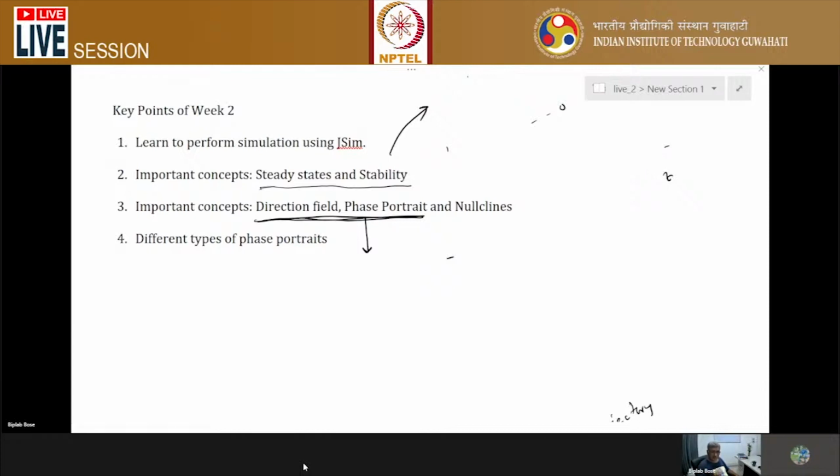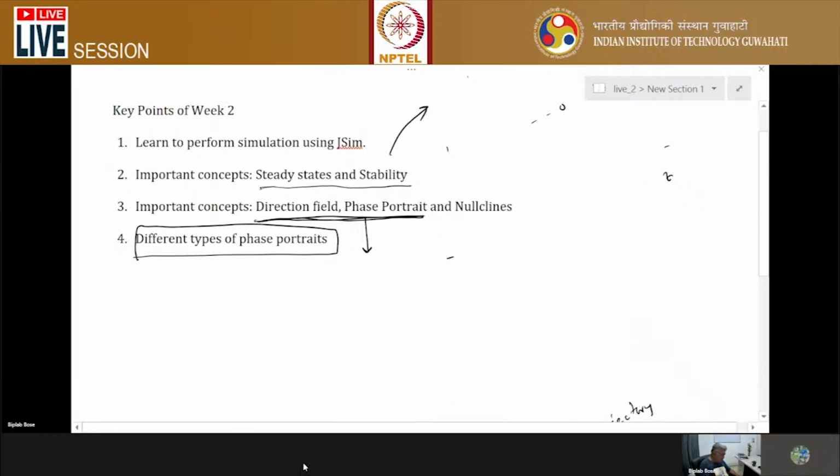You have a sink node, where every trajectory from anywhere in the space comes and collapses. You can have a source node, a spiral, a center. You should be able to recognize those phase portraits. That you have to learn.